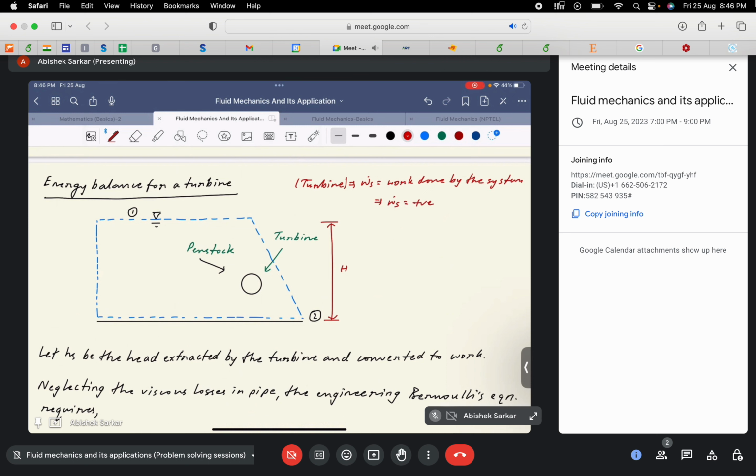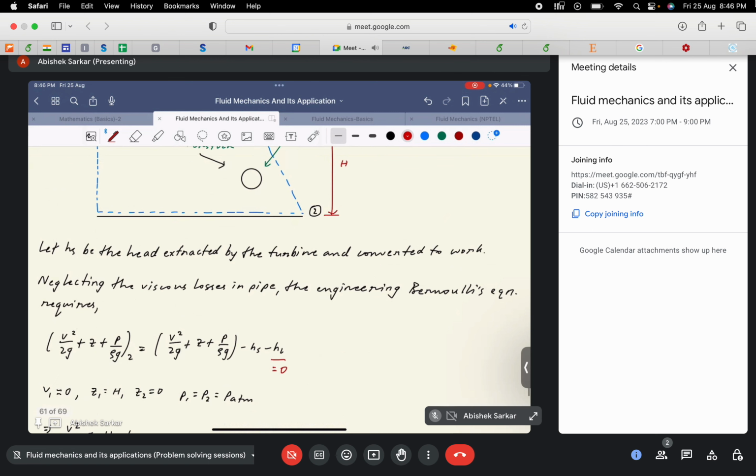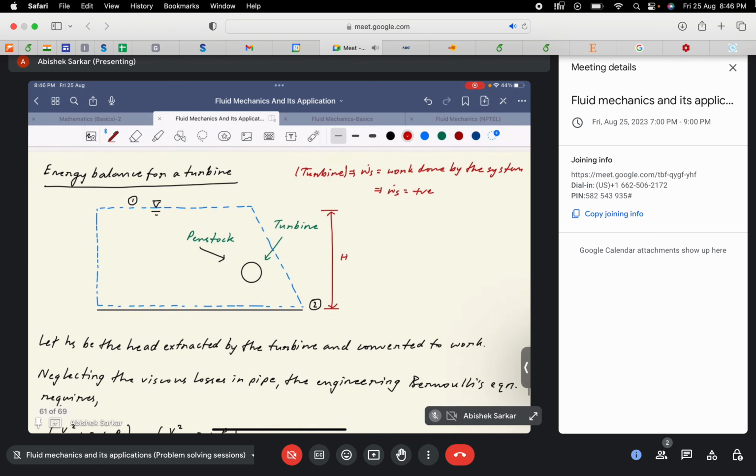This is the major difference in the sign convention for the shaft work in the modified boundary equation. Here, just look at a diagram. It is a very simplified diagram where this circle denotes the turbine, and the liquid is being extracted with the help of a penstock.